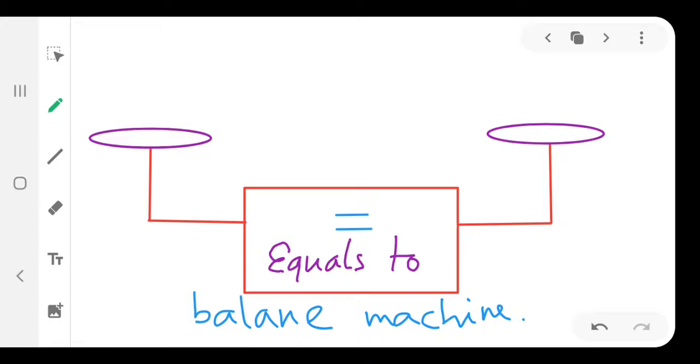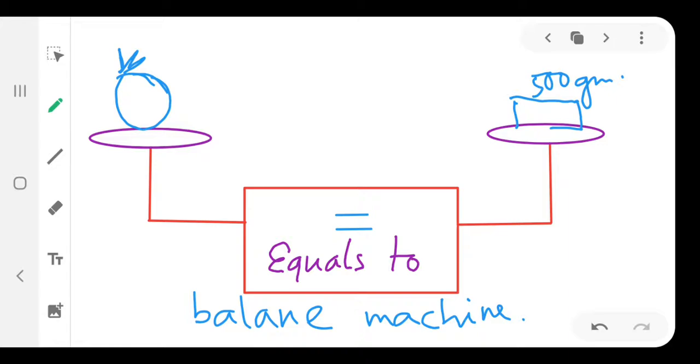You have seen that if I want some sugar, I have to tell my storekeeper in the shop, please give me 500 gram of sugar. So he will put a weight of 500 gram, right?